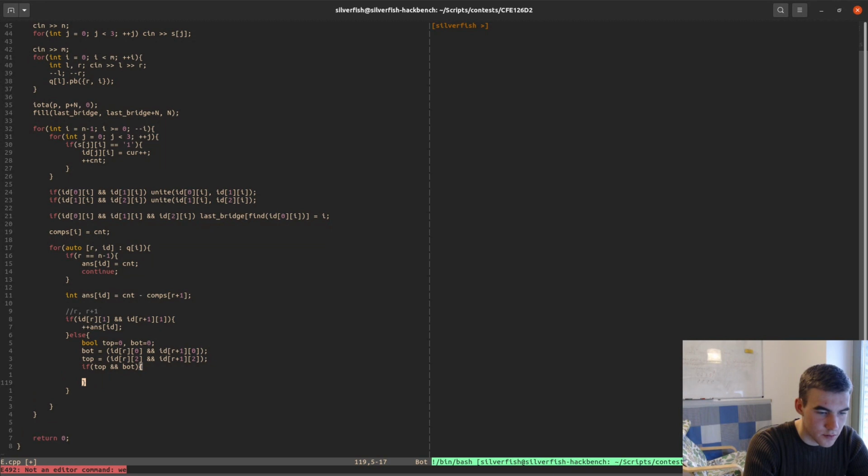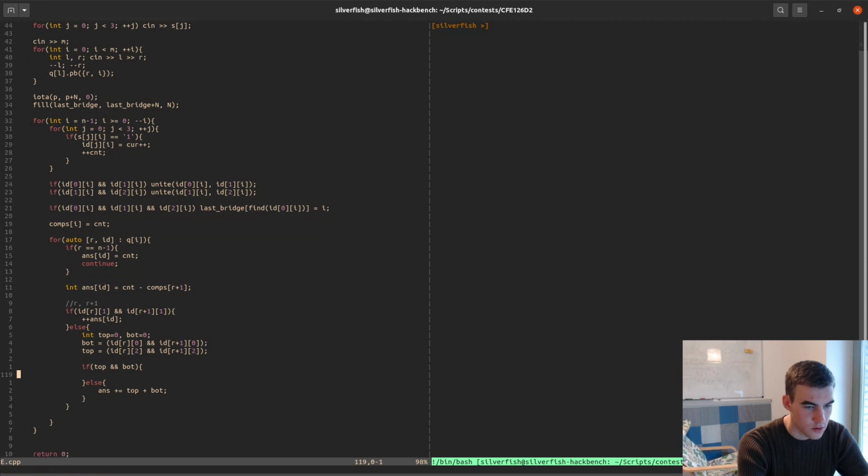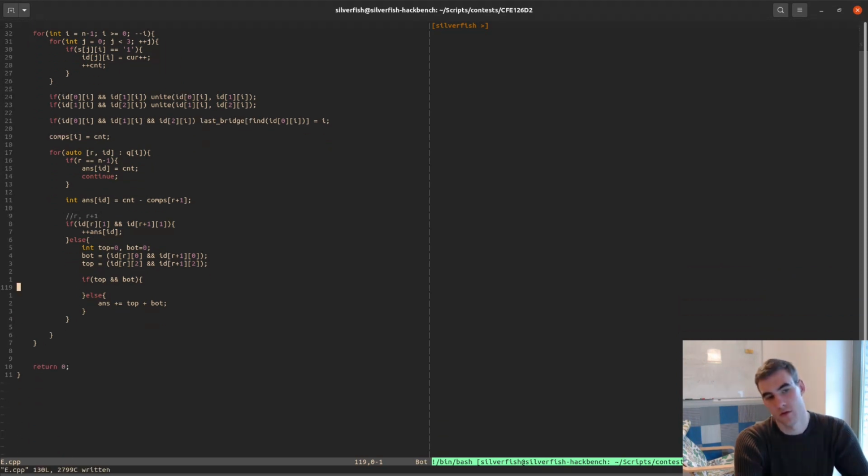If there's top and bottom, else this equals top plus bot, and I'll put these as integers. And this is the case when there's only top or only bottom or none. There's none, of course, then we don't. There's no crossing. And now I look at the if, so there's crossing on the top and the bottom.